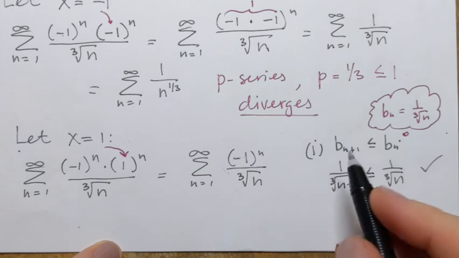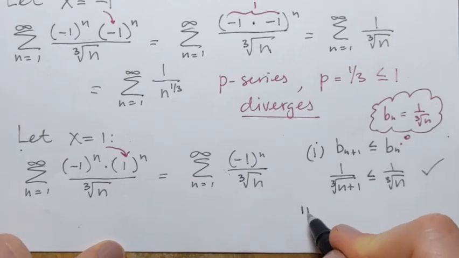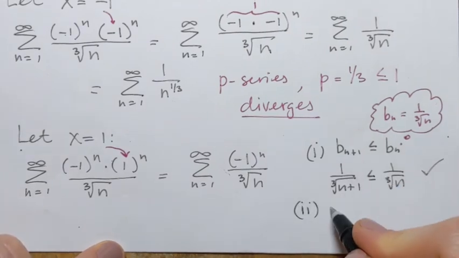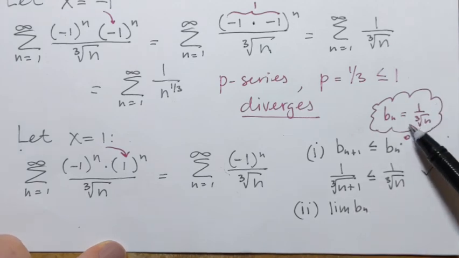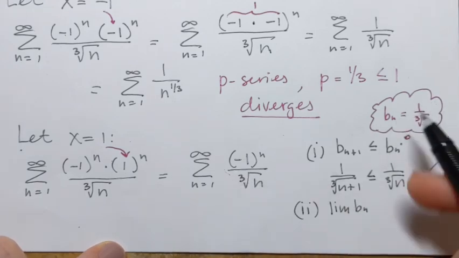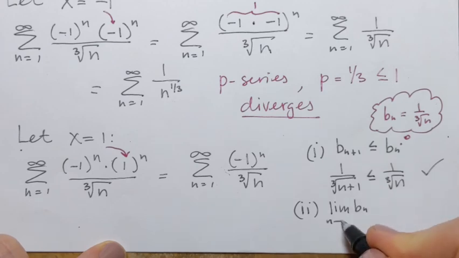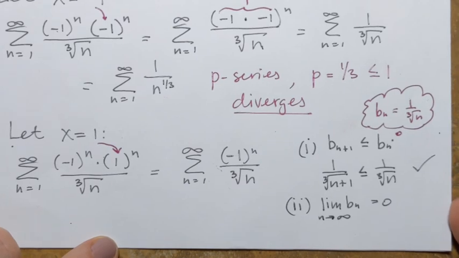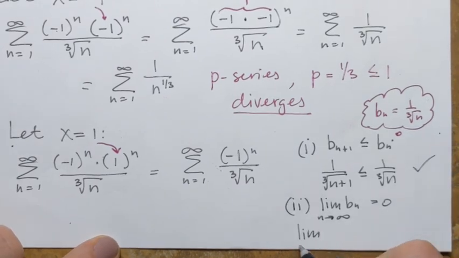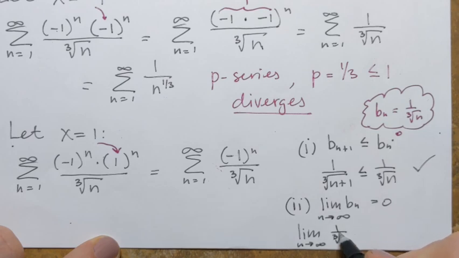And the second condition is to show that the limit of this absolute value term as n approaches infinity equals 0, right? So the limit as n approaches infinity of 1 over cube root of n is 0, right?